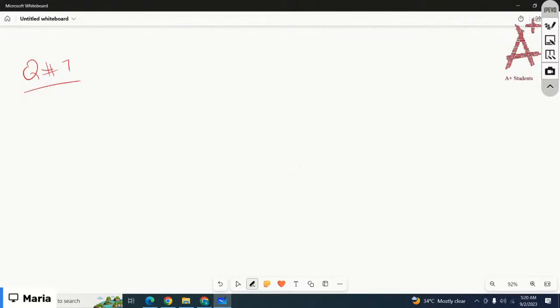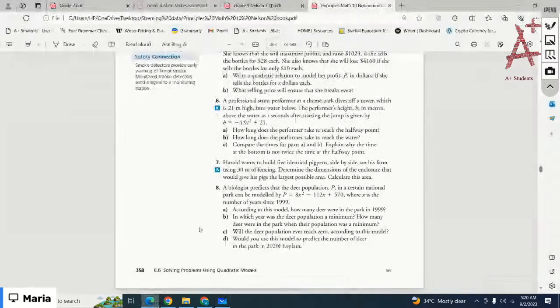So let's suppose x represents the length of each pen, and we want the total area of the enclosure, right? The total fencing is 30 meters.